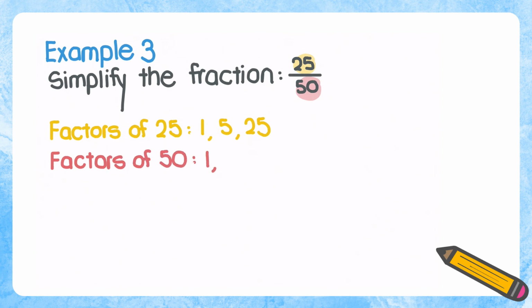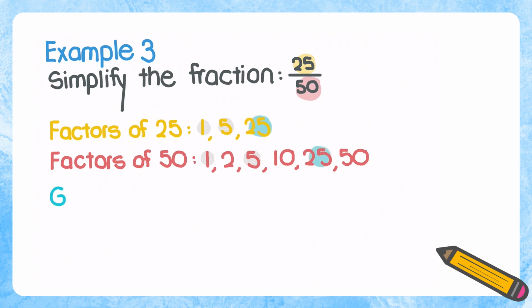The factors of 50 are 1, 2, 5, 10, 25, and 50. Both numbers have the following common factors, 1 and 5, and also 25. The greatest common factor is 25.